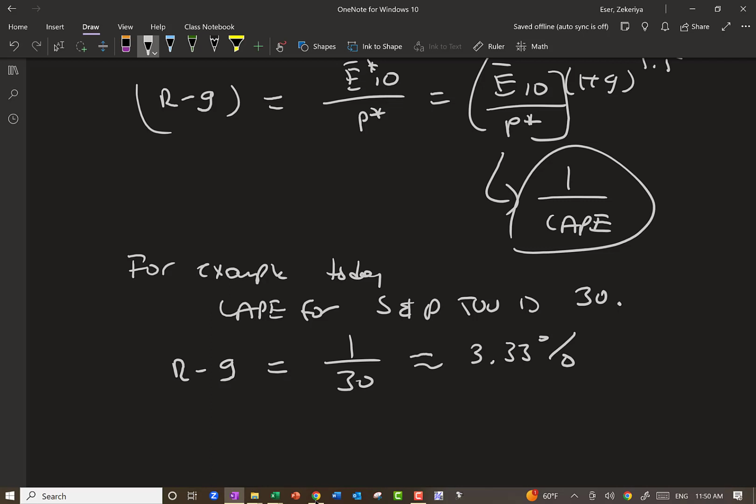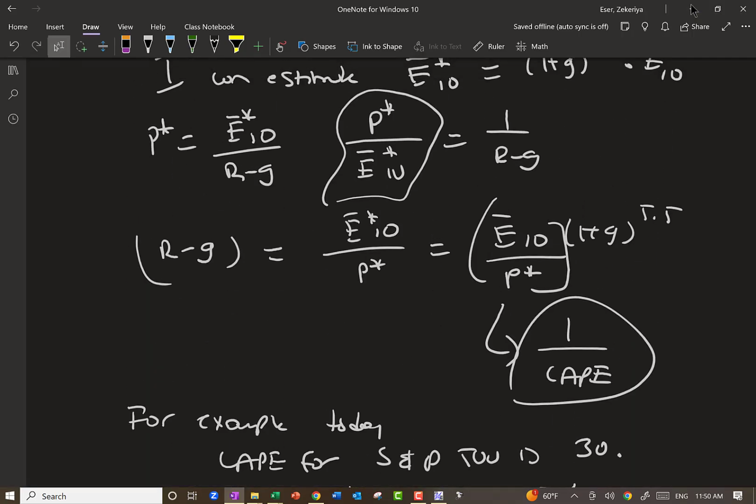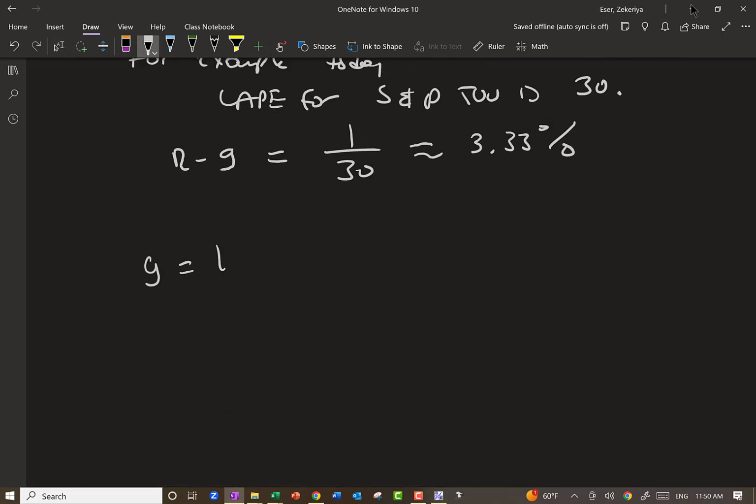The only question is, what is G? We could estimate G as the long-term growth rate of the economy.